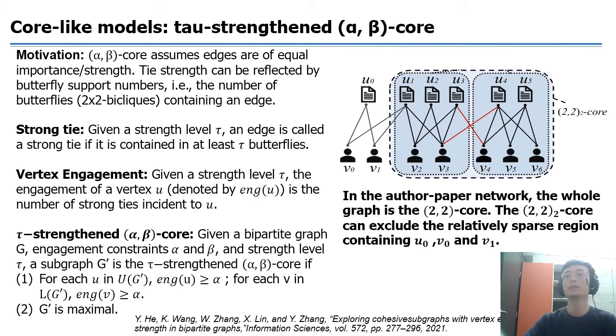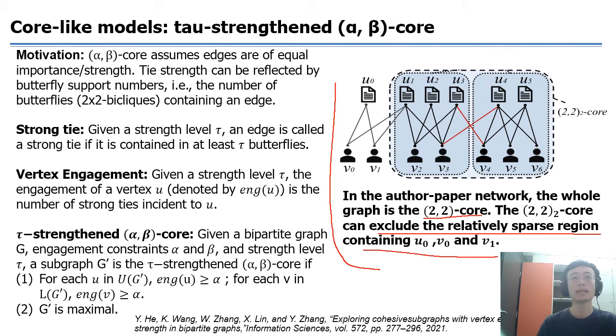Here we introduce another core-like model called strengthened alpha-beta core. The motivation is that the alpha-beta core assumes equal importance of edges, so it will blindly include both loosely connected regions and dense regions. And the state-of-the-art method to model tie strength is to use the butterfly support number.